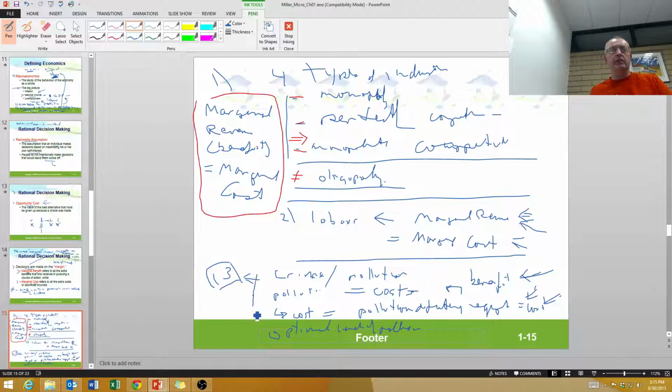Anyways, we'll come back to this in some other chapters, but it's simply another example of decision making in society that's based on the concept of marginal cost equaling marginal benefit.